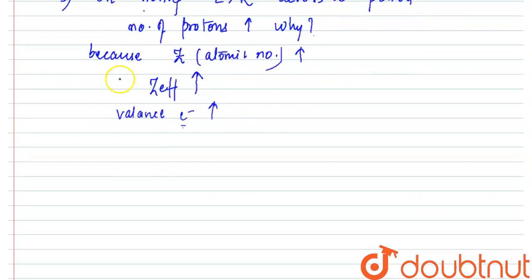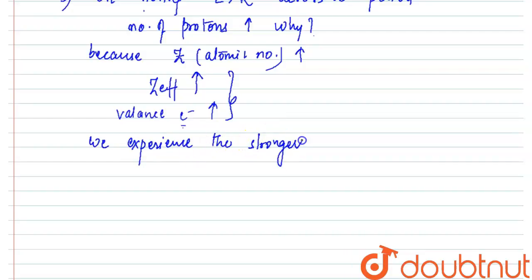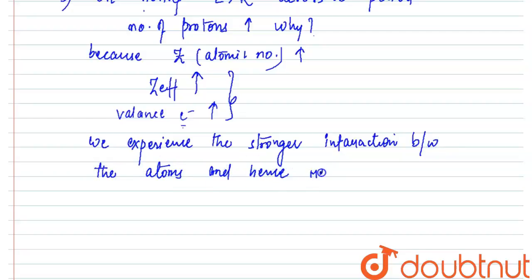So when these two increase, we experience a stronger interaction between the atoms, and hence metallic bonding gets stronger.